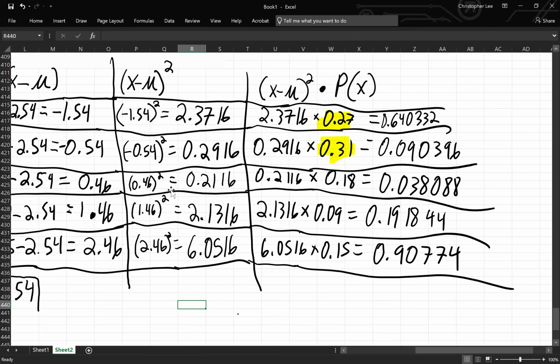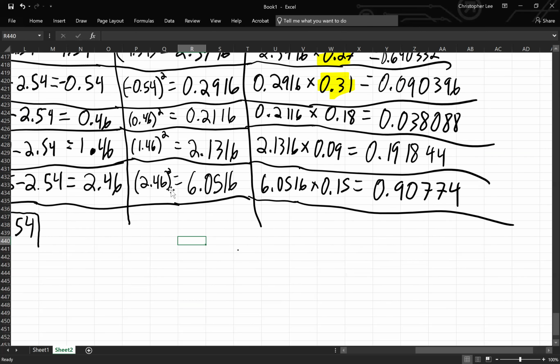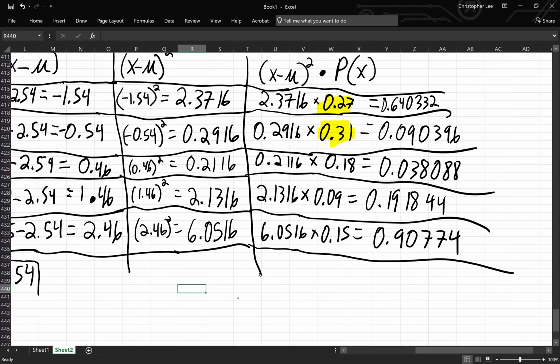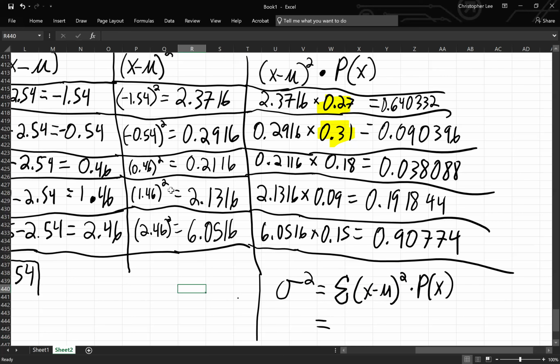All right. So look, your variance, let me keep this up here, right? Your variance, also known as sigma squared, is equal to the sum of x minus the mean squared times P of x. Literally add all these numbers together. Tell me what you get. All right?